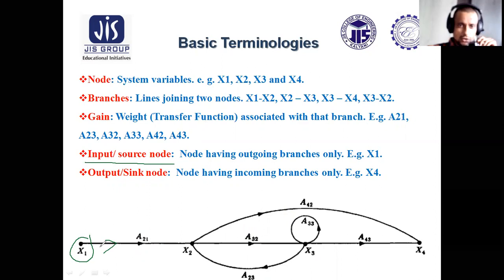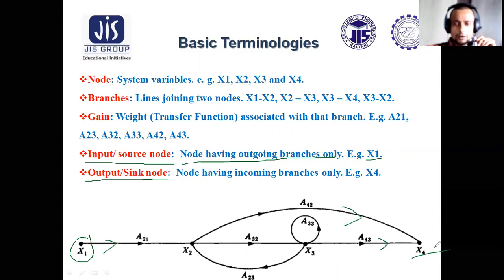So the nodes which are having only outgoing branches are known as input node or source node, such as X1. But X4 is output or sink node. Why? Because it is sinking all the branches.